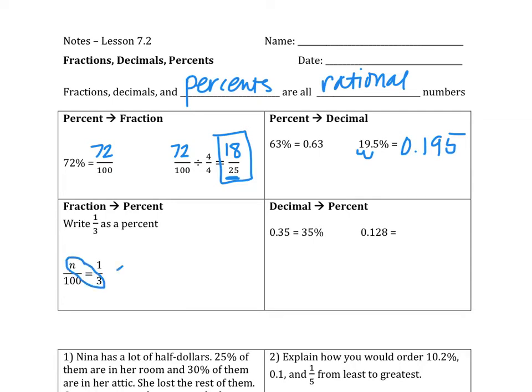So 3n equals 100 times 1, which is 100. Divide both sides by 3. And n equals 33.3 repeating percent.